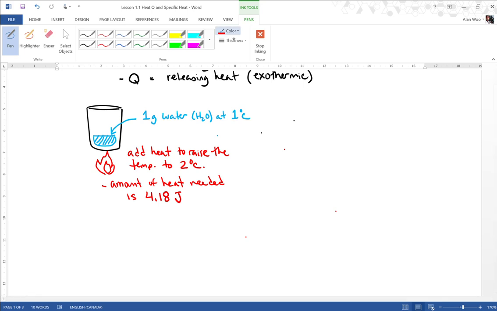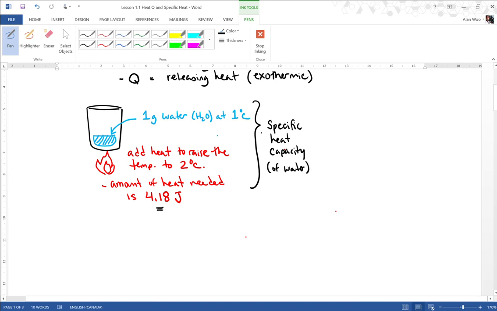So this particular example is very, very specific to water, and it's a very specific amount of heat energy. So specific that we call this the specific heat capacity of water.